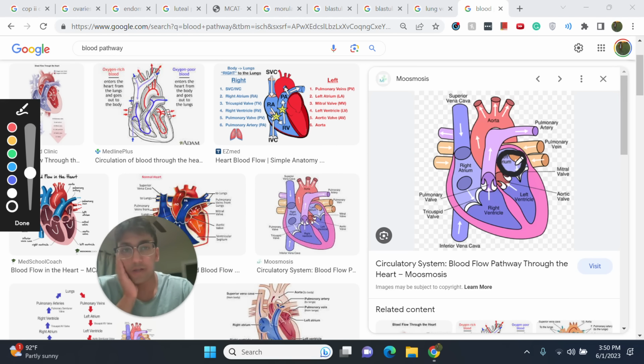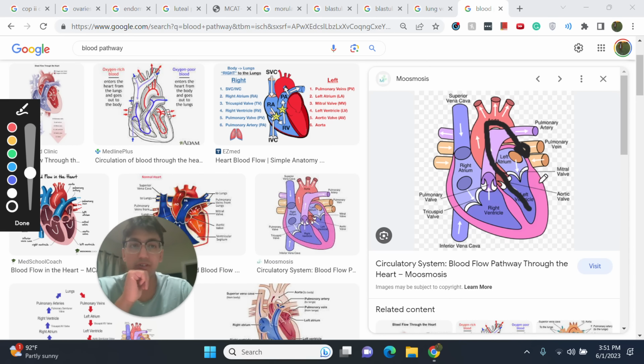Now your oxygenated blood from the left atrium is going through the mitral valve to your left ventricle. And the astute observer will notice that this left ventricle has a really thick wall, right? A thick myocardium. The reason for that is because this left ventricle is sending the oxygenated blood to the aorta, throughout the entire body.